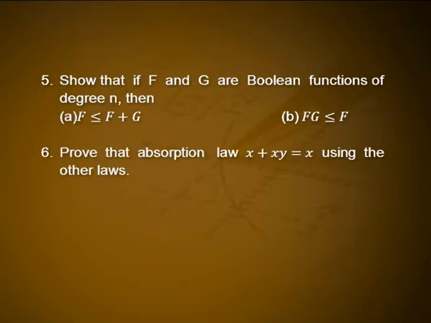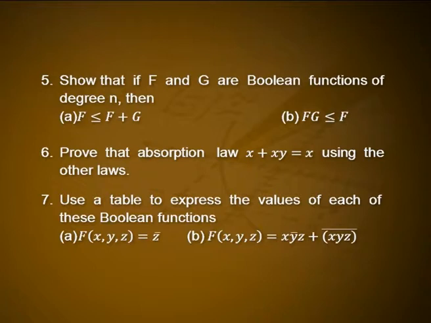Sixth one, prove the absorption law x + xy = x using the other laws. Seventh one, use a table to express the values of each of these Boolean functions. A, f(x,y,z) = z bar and b, f(x,y,z) = (x y bar z + x y z) the whole bar.